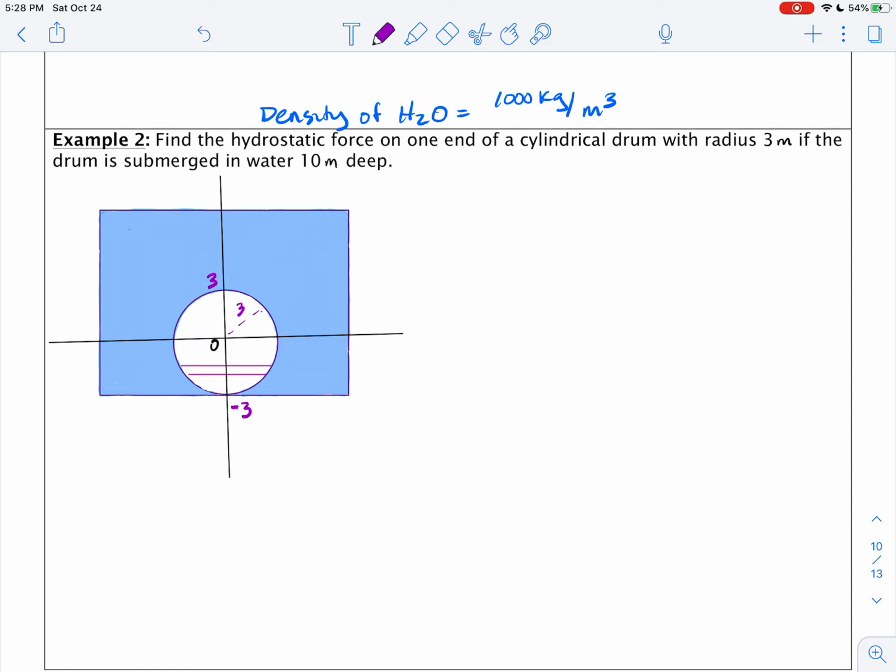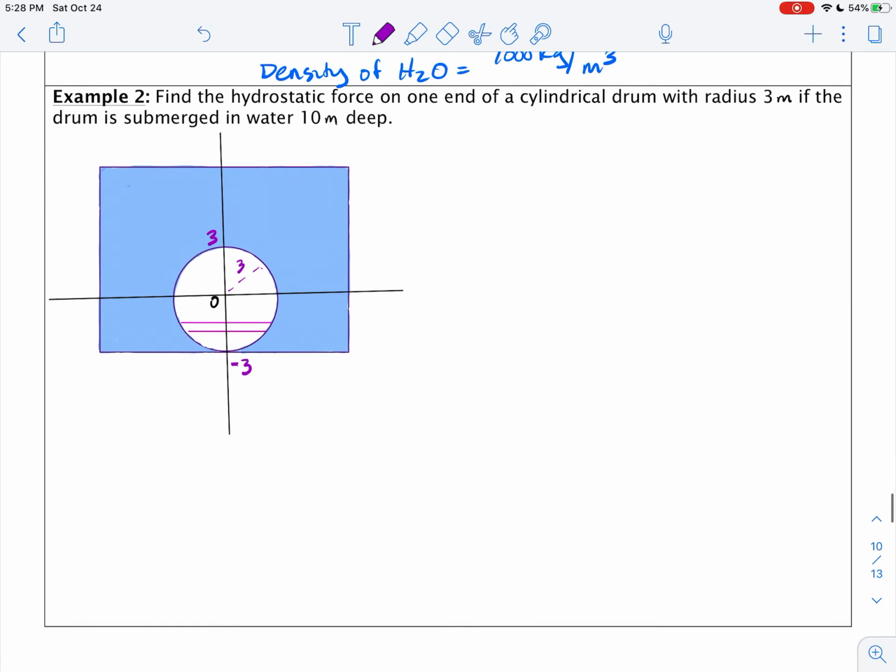If I put my 0 here, then this is going to be 3 and this is going to be minus 3. And I know the range of my slices now is going to be minus 3 to 3. On top of that, if I put my 0 there, then this point, (x, y), is going to satisfy the equation x squared plus y squared equals 3 squared.